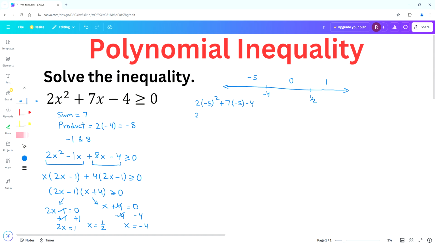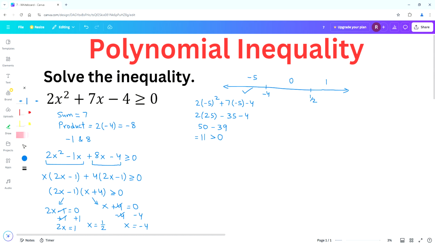Negative 5 squared is equal to positive 25. I get 11, which is greater than 0. That means the inequality is satisfied in the interval to the left side of negative 4.